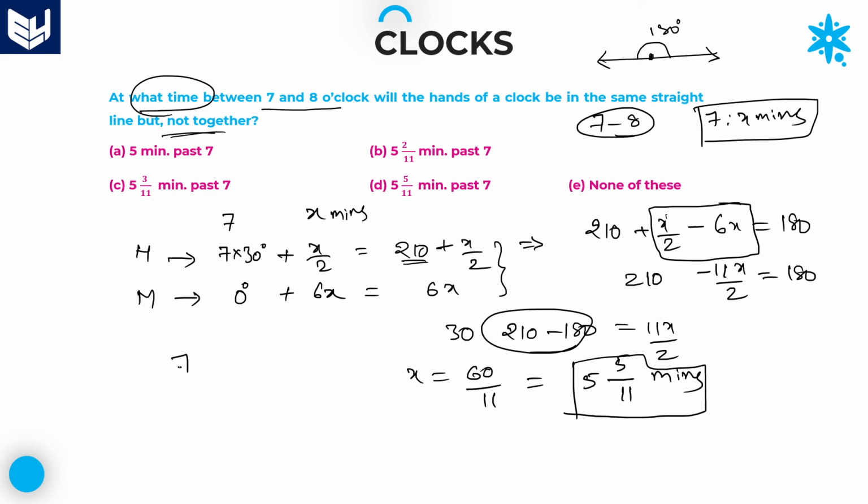Therefore, our required time will be 7 hours 5 5 by 11 minutes, that is, 5 5 by 11 minutes past 7. Option D is the right answer for this question.